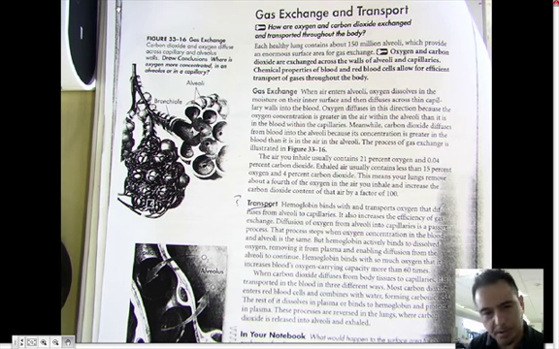So let's review what we just did. When we survey, we look at text features, and the main goal is what? We want to develop a purpose, a motivation for our reading. And we can do this by looking at the text features and developing questions, making predictions, even making connections to your life. We look at the bold words, we look at the titles, the subtitles, we look at key concepts or key questions. They might be also called objectives.